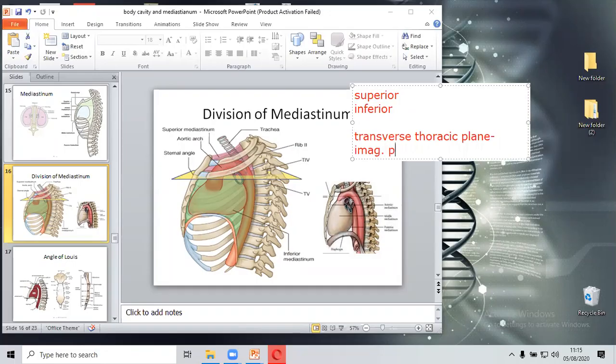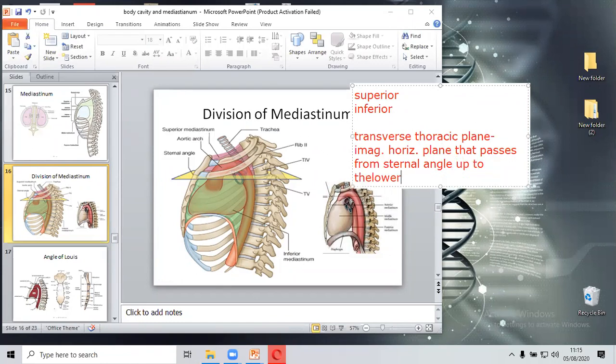The shortcut I will write: imaginary horizontal plane that passes from the sternal angle up to the lower border of the T4 thoracic vertebra. Okay.